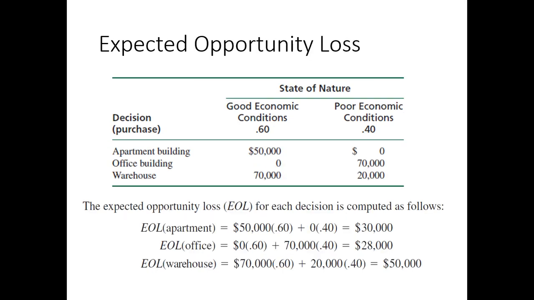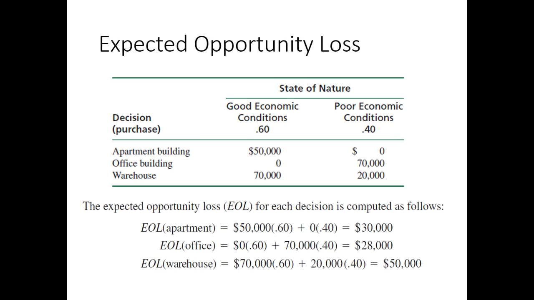Then the last method, expected opportunity loss. What do we do? We do exactly the same as we did in the case of minimax regret. We convert this table into regret. It's the same regret table that we calculated there, isn't it? The only difference is we got the probability from a mathematical tool. This probability is given to us.